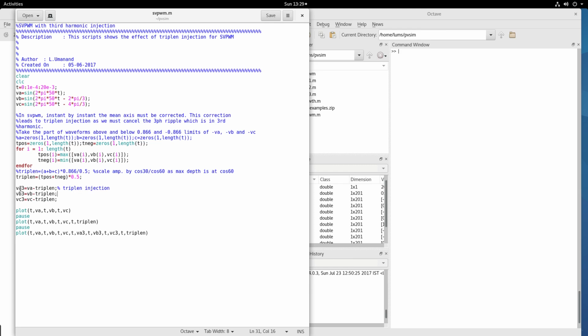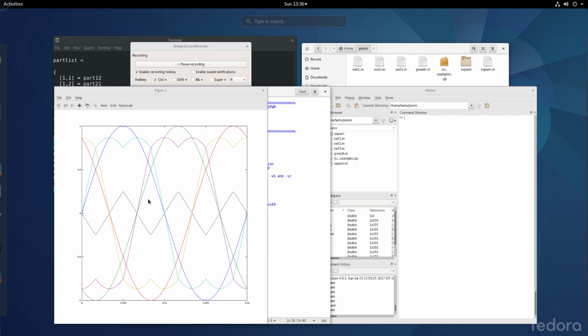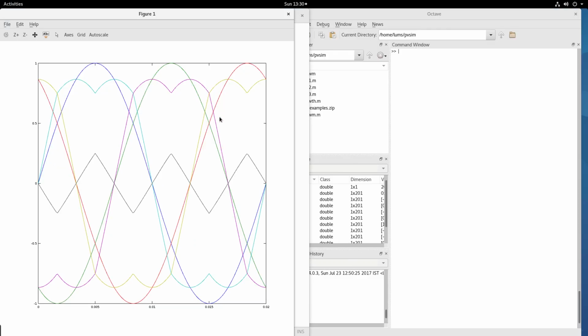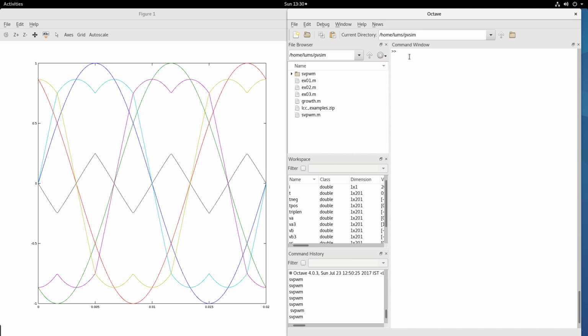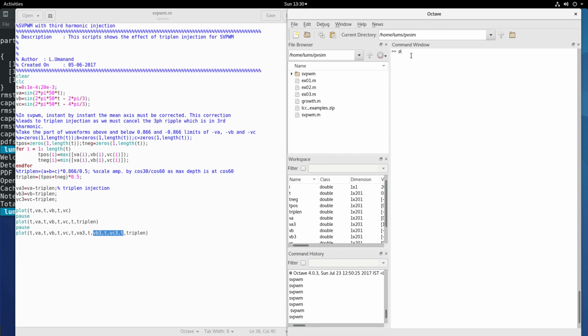So now VA3, VB3 and VC3 contain the triplen. If you plot them, you get something like this. Let me remove this and plot T comma VA3, T comma VB3, T comma VC3.